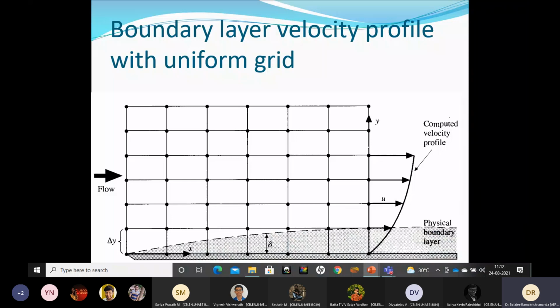What we are seeing here is a uniform grid without clustering near the wall. So you can see the boundary layer velocity profile which you obtain using this uniformly spaced grid. Flow is there, delta y is shown. In this figure delta denotes the boundary layer thickness.